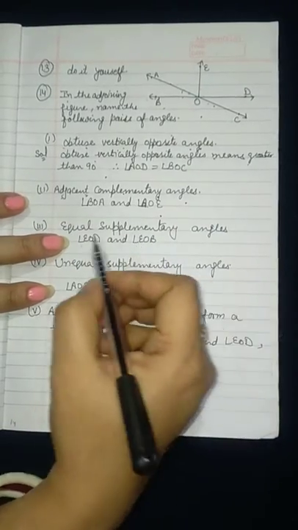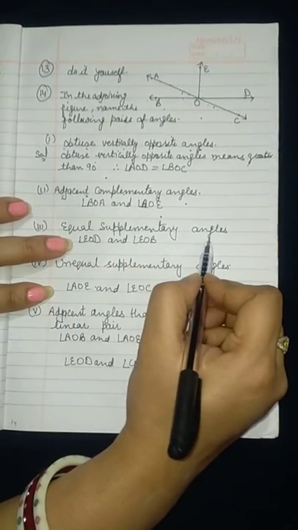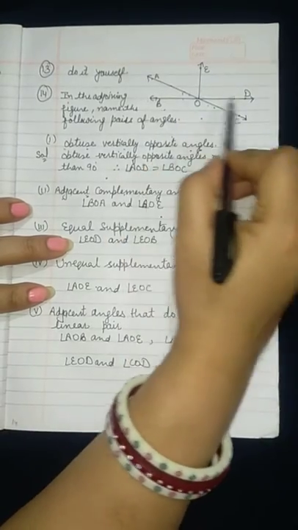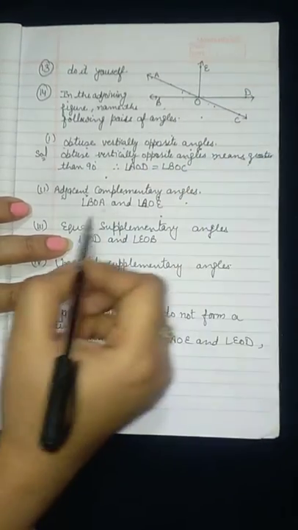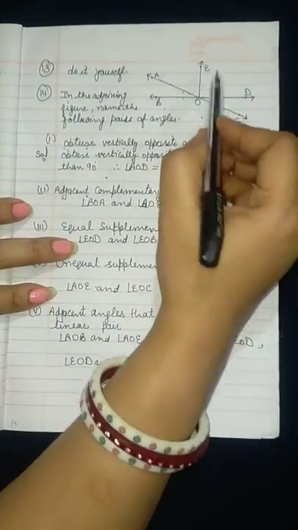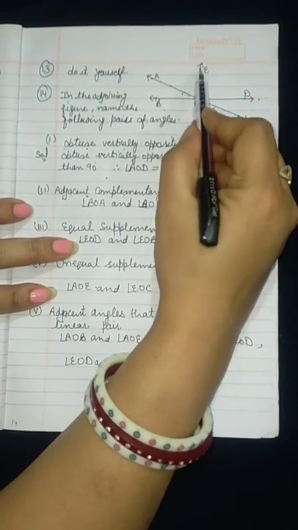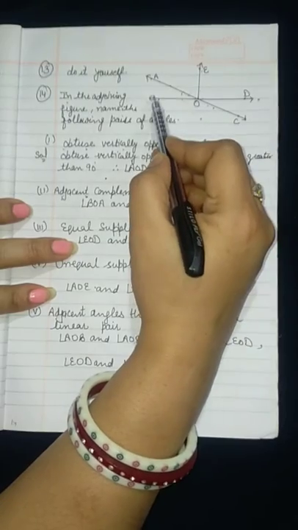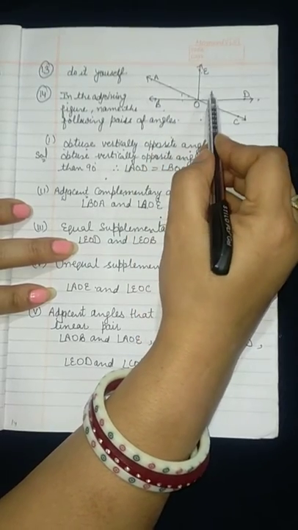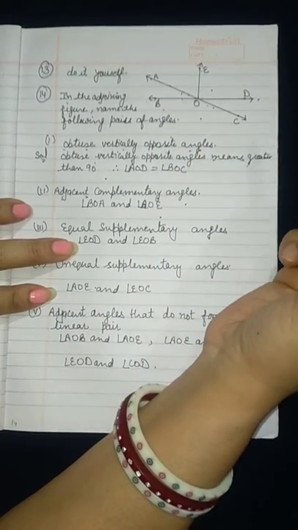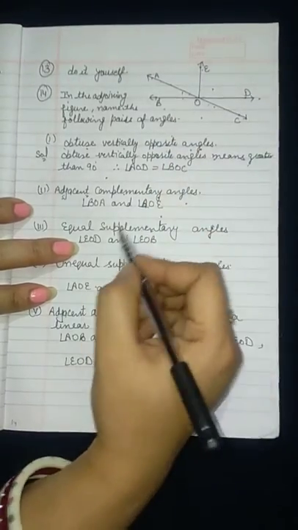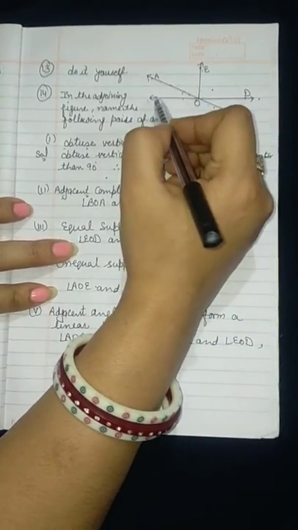Then the third one is equal supplementary angles, meaning they are forming a straight line and they must be equal. It means EOD and EOB. Both are equal angles and they are supplementary also.